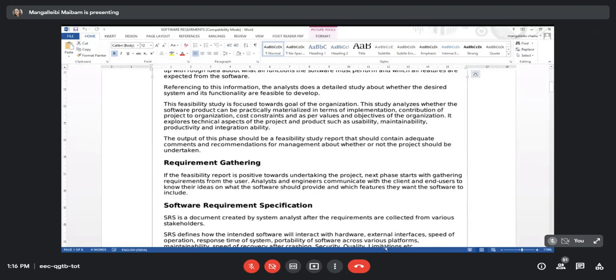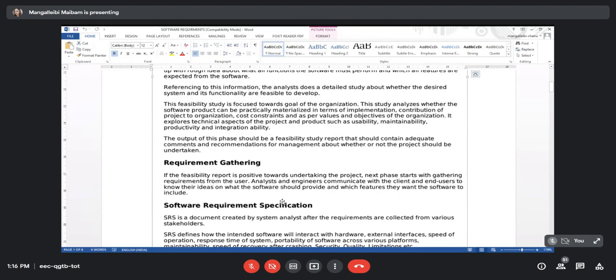So requirement gathering is where we start gathering the requirements from the users, and some members of analysts and engineers will communicate with the client so that we can understand what ideas the users have and what kind of software they want to develop.